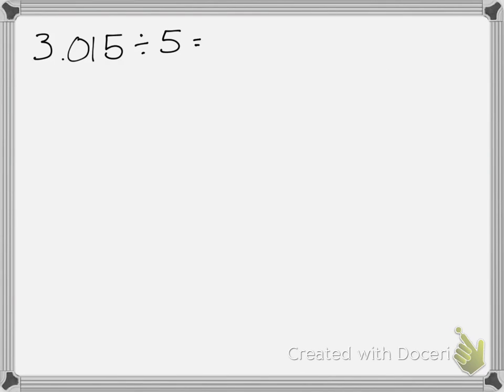All right, and now let's try this one. 3 and 15 thousandths. So let's try this one out as a unit. 3,015 thousandths divided by 5 equals, well, as you can see here, unless you know in your head that it's going to be 603 thousandths, because you know that 30 divided by 5 is 6, and you can do that.